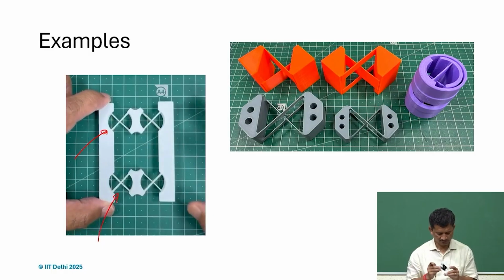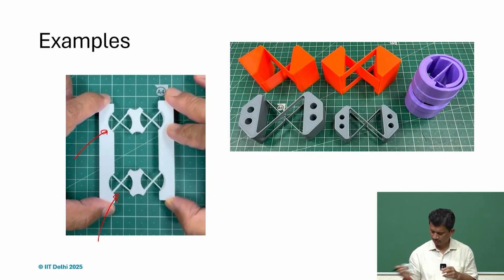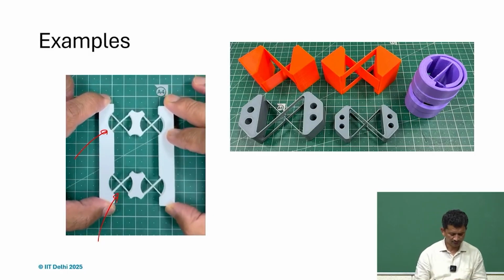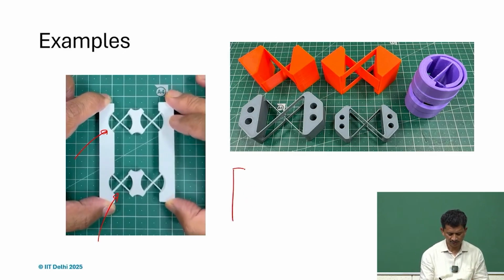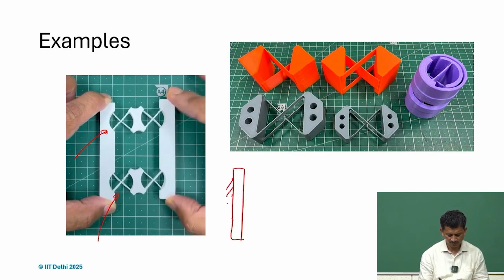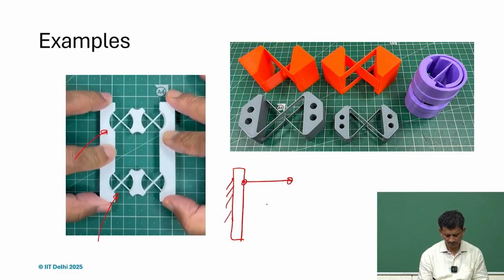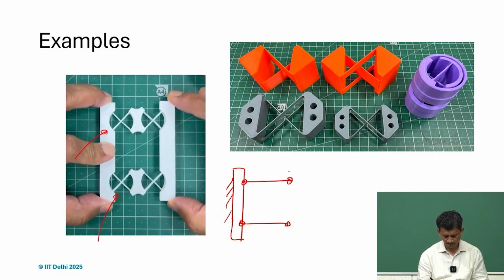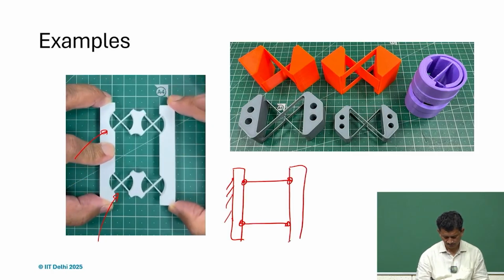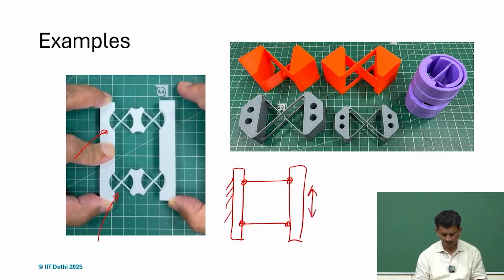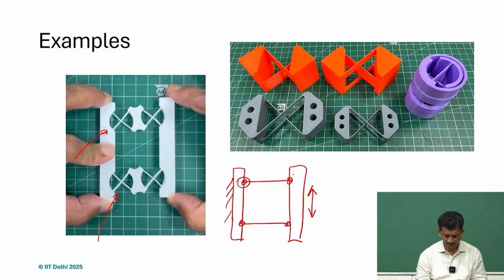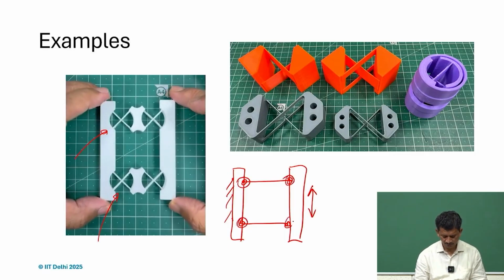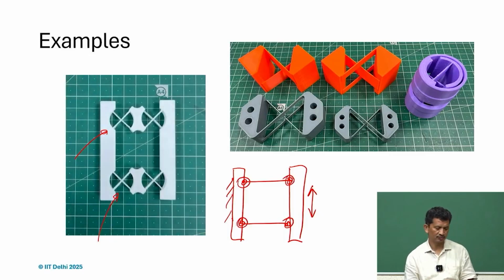This you see in the video, and this is nothing but a straight guidance mechanism, and this is based on a very simple principle. So this can travel in that way, and these pivots are just replaced with cross flexures.